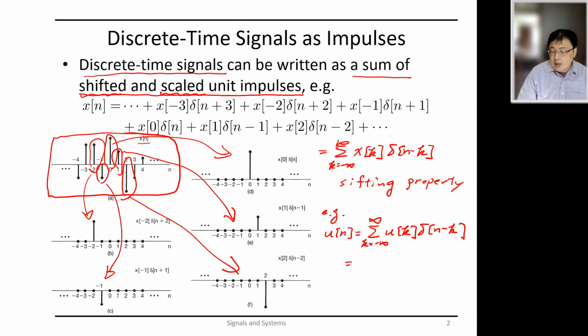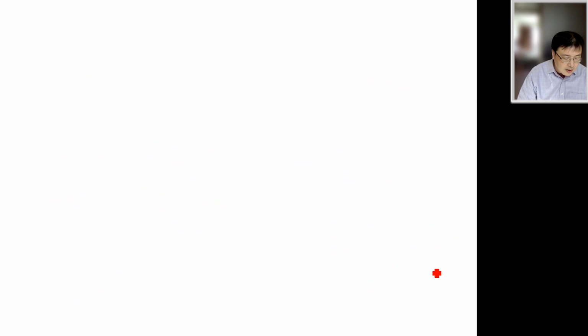But the unit step function is equal to 1 for k greater or equal to 0 and 0 on the entire negative axis. So in this case, I can limit the summation to k from 0 to infinity of these delta functions of n minus k.